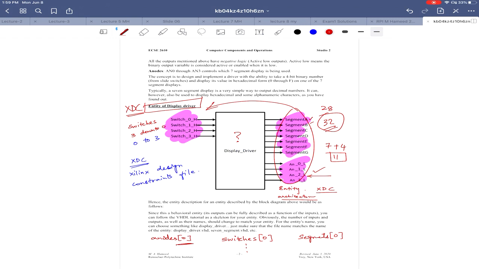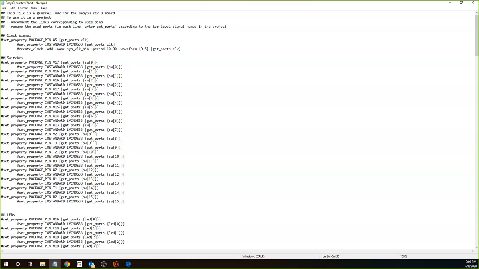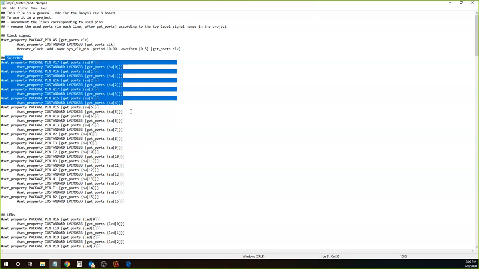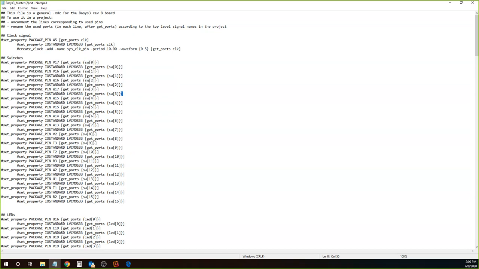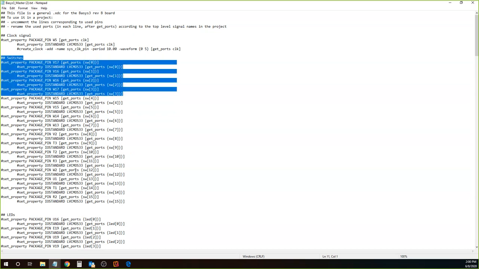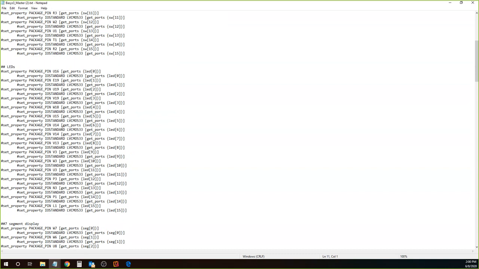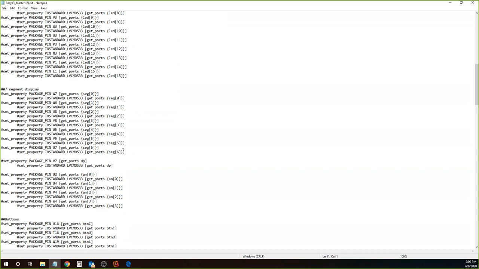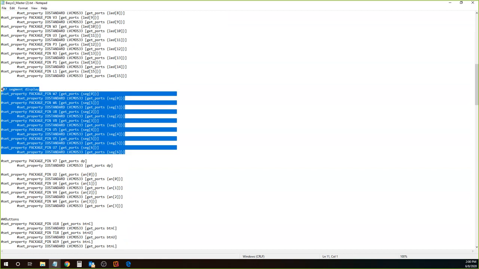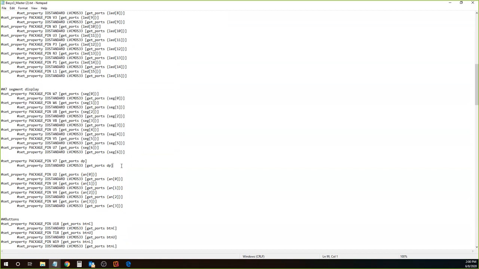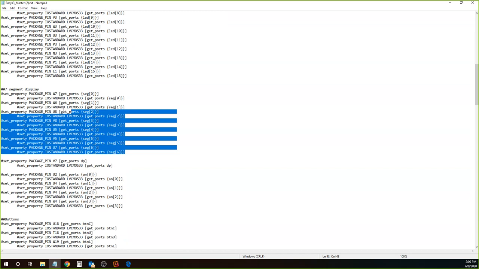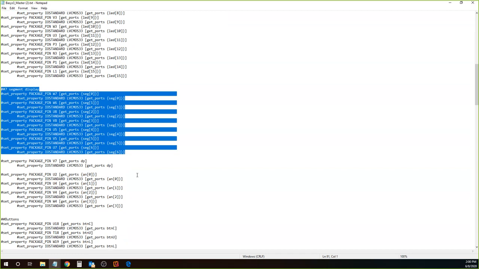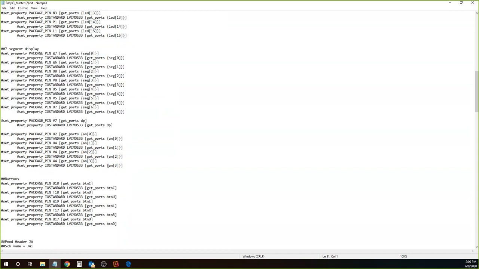Maybe you guys can see this screen. I've got switches here. You only need 4 of them, so you just need 0, 1, 2, 3. Then you don't need LEDs. You need 7 segments, so you need all of that. You don't need the decimal point. You can switch it off if you want. You need 6 down to 0 for the 7 segments.